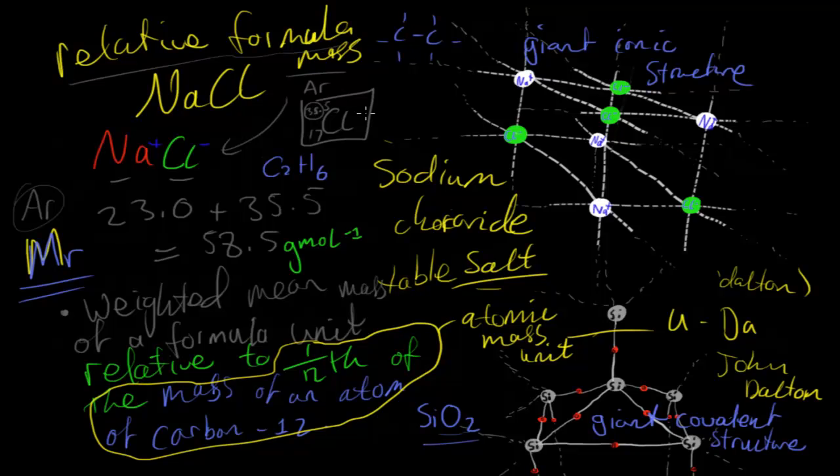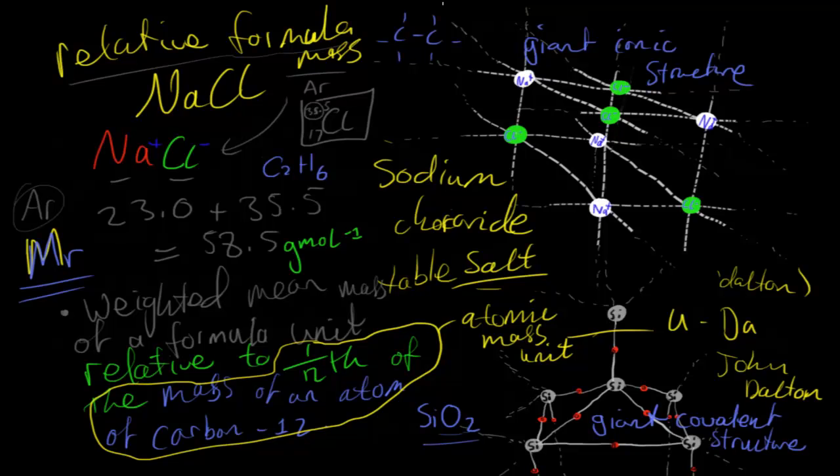And this is a simple molecule, so this would be included in relative molecular mass. But relative formula mass would include this as well as all of these other things.